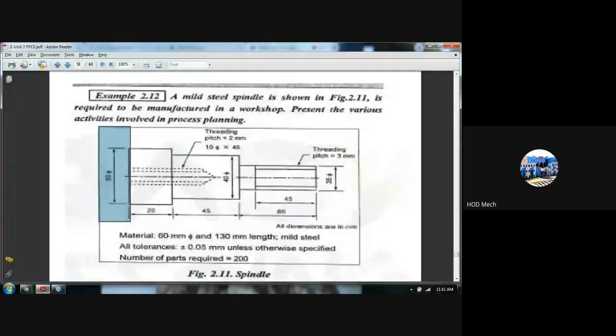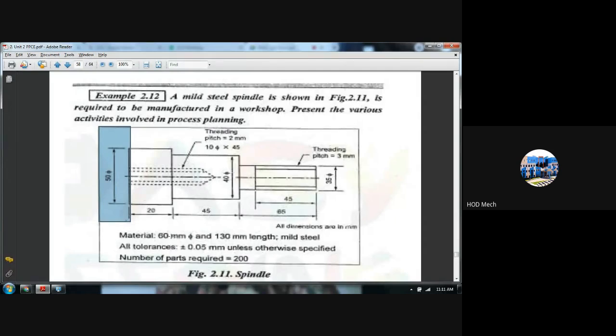Right, after taking the 40 diameter length, what will you do? Then what will be your second step? 35 diameter, sir, 65 length. You will take 35 diameter, you will turn. Very good.